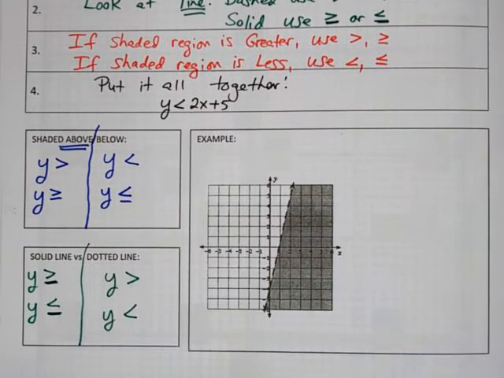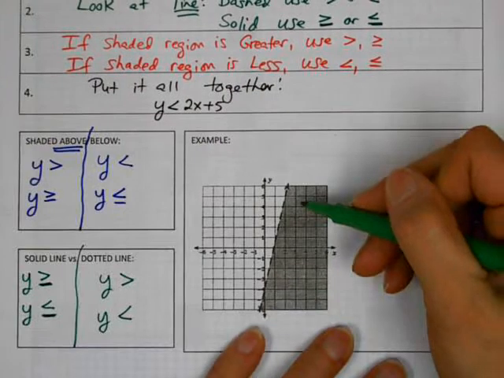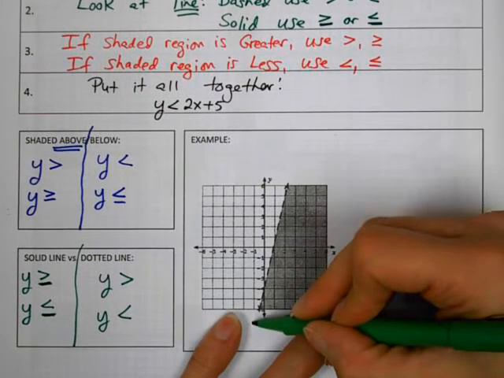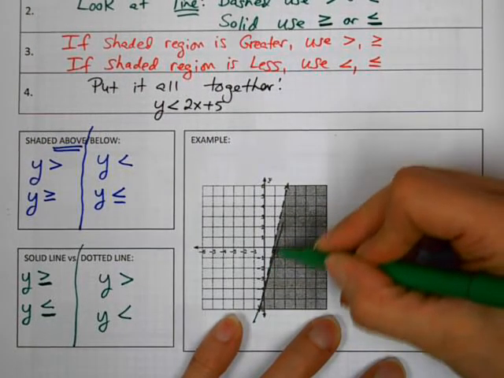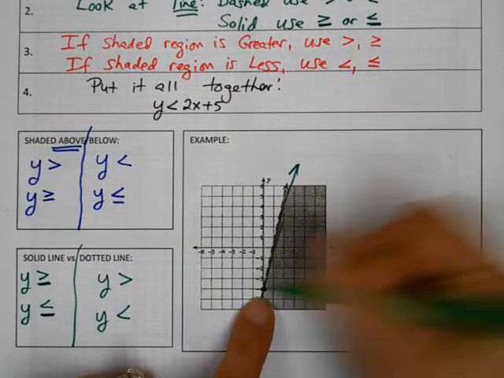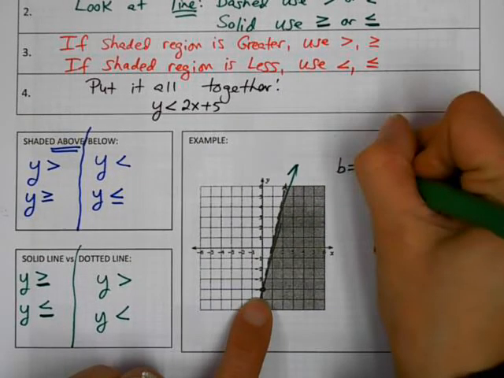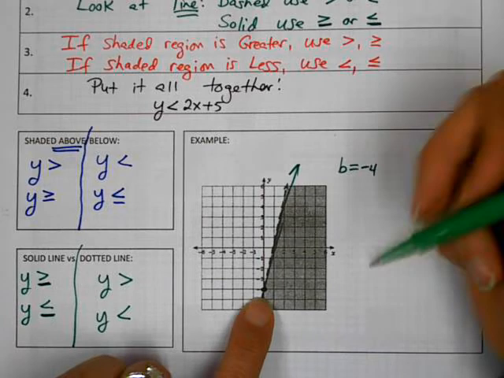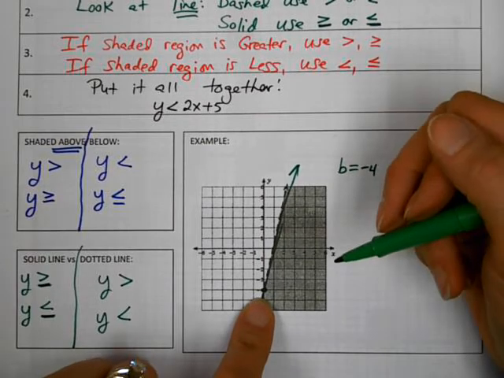So take a look at the shaded region. The first thing I'm going to do is try to get the equation of this line right here in green. I notice that the y-intercept is -4, so the b is -4. And let's see if we can find another point.